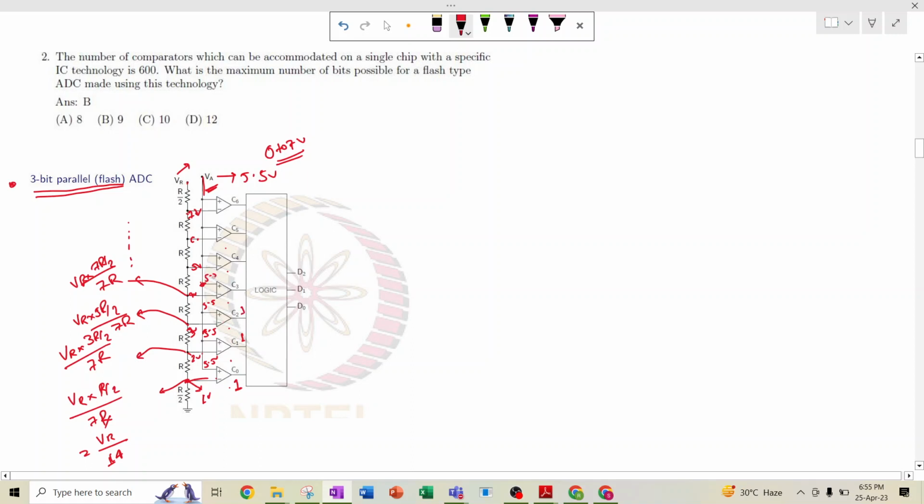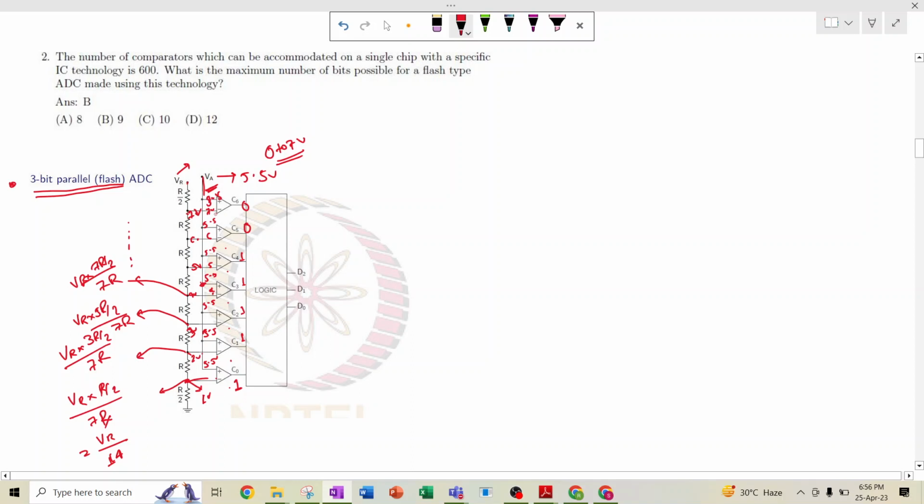Here also 5.5 volt and 3 volt, so the output will be 1. Here 5.5 volt and 4 volt, it will be 1. Here 5.5 volt and 5 volt, the output will be 1. Here also 5.5 volt, but this is 6 volt, so it will be 0 because the negative terminal is greater. And here it is 5.5 volt and 7 volt, so the output will be 0. So the output of C7 will be 0, C6 will be 0, and for the rest the output will be 1.